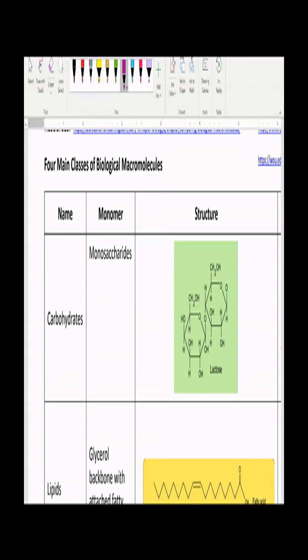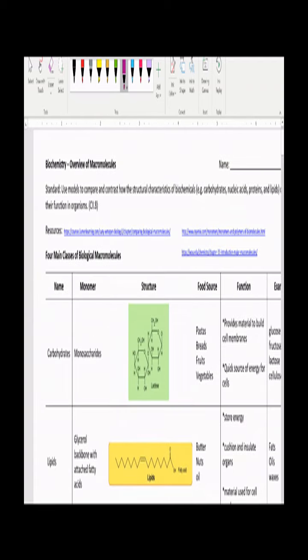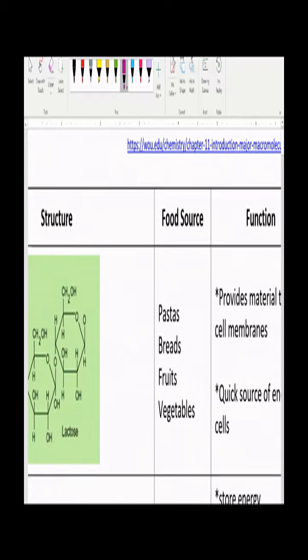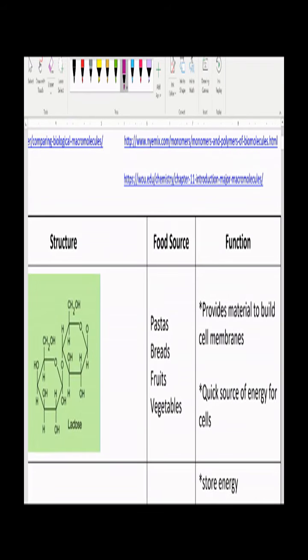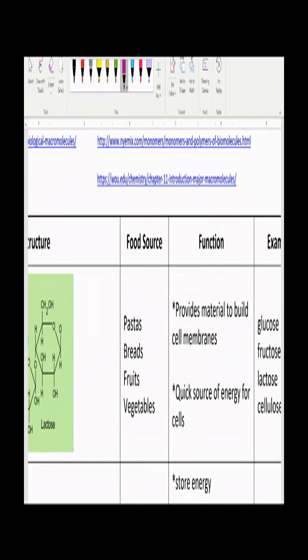I forgot this doesn't like me to write in, so I'll just keep talking. Here's an example where we've taken two of those sugar residues and put them together to create a carbohydrate known as lactose. Typically our carbohydrates, those sugar molecules, are found in pastas, breads, fruits, and sometimes veggies. They provide some of the material needed to build cell membranes, and they're also a quick source of energy for cells.